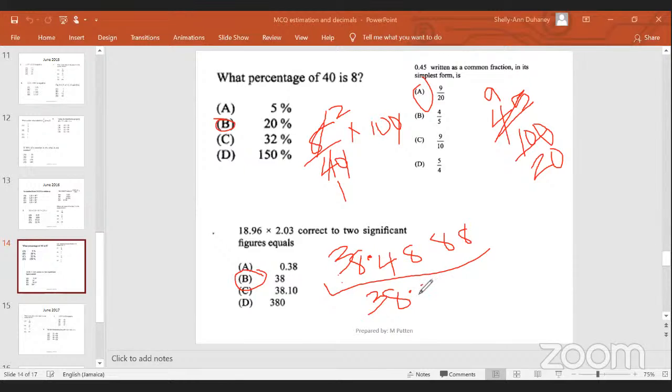Why 5? It is rounded off, the 8 is greater than 5, so you round up. Good. Suppose I wanted 4 significant figures, what would it be? 38.49, and so forth and so on. Everybody understand? Yes, Miss. All right.